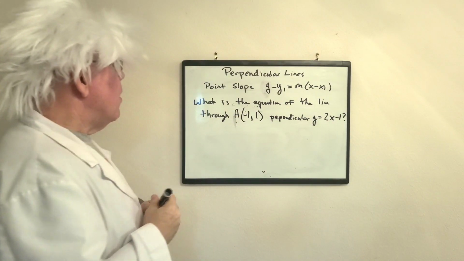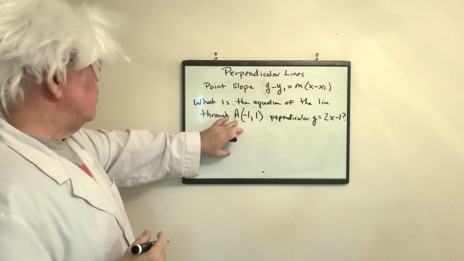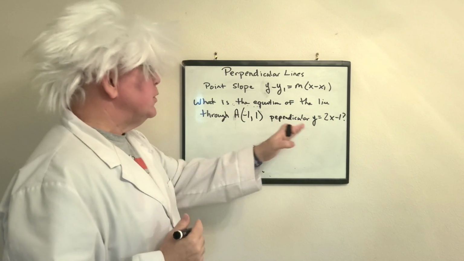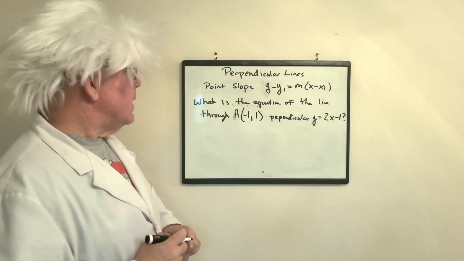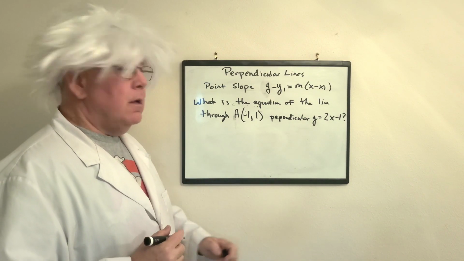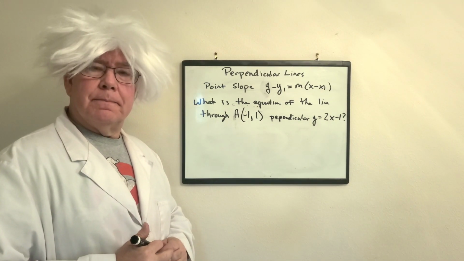Okay, now what is the equation of the line through -1, 1 perpendicular to 2x minus 1? Okay, give you a chance to do that. Okay, so pause your video and we'll come back.